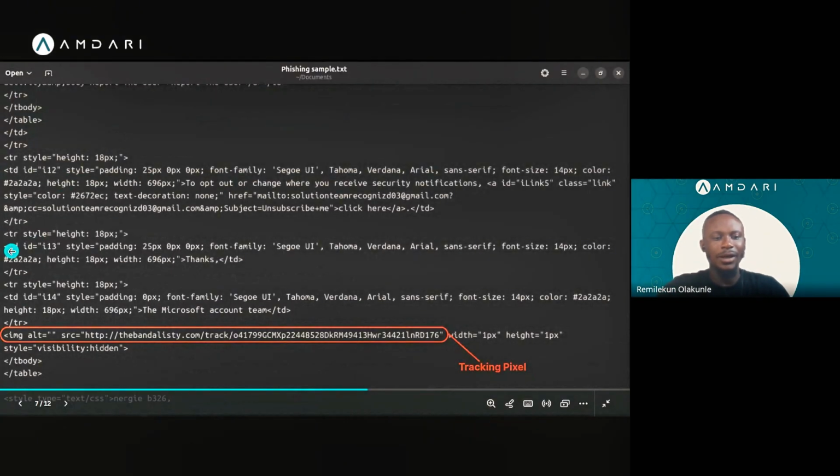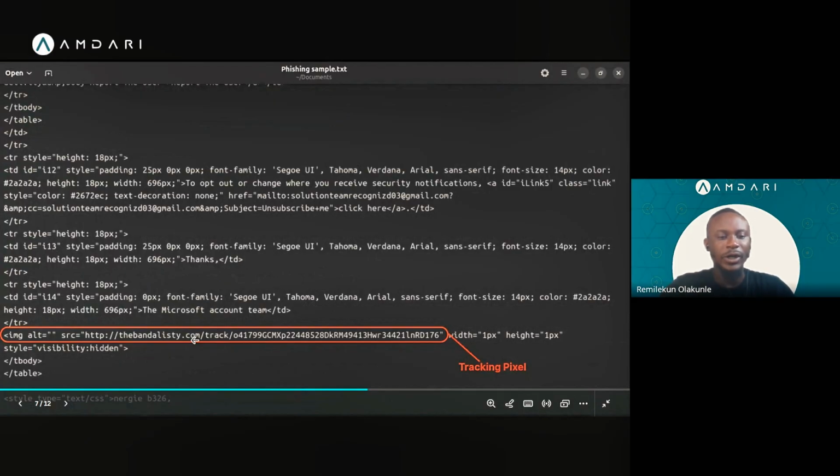Now, over here, we found a tracking pixel. This is known as a tracking pixel. Its job basically is this: it is designed to monitor activities on the email, whether the email recipient opened the email or not, whether the email recipient clicked any link on the email or not.